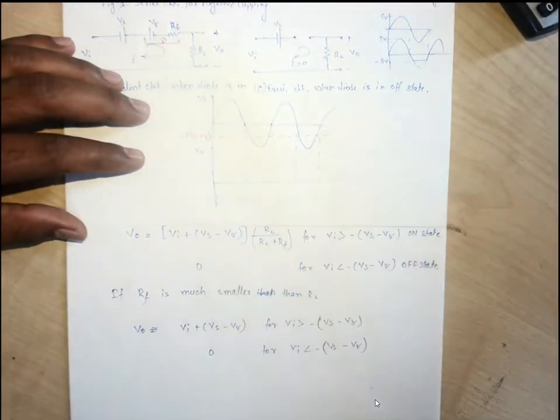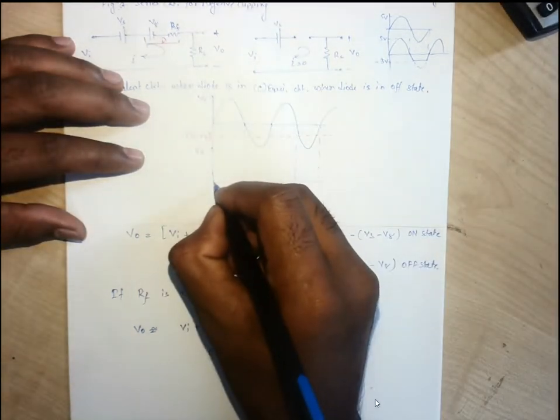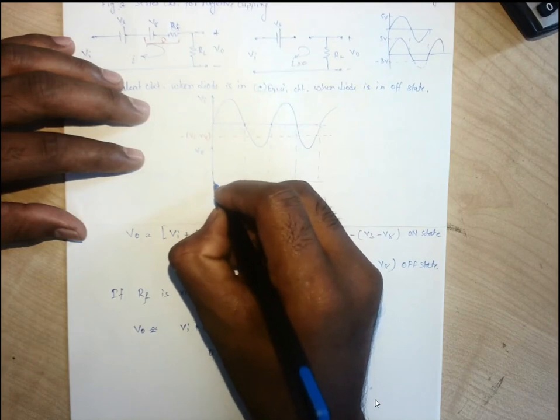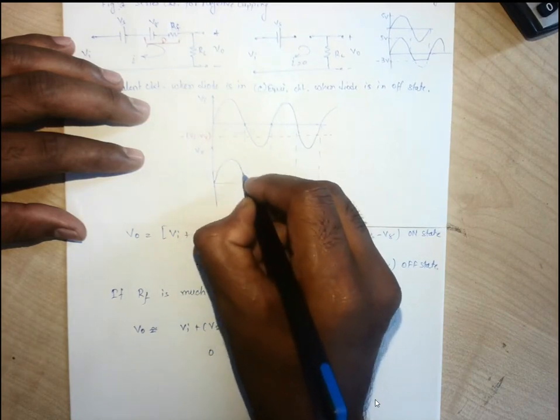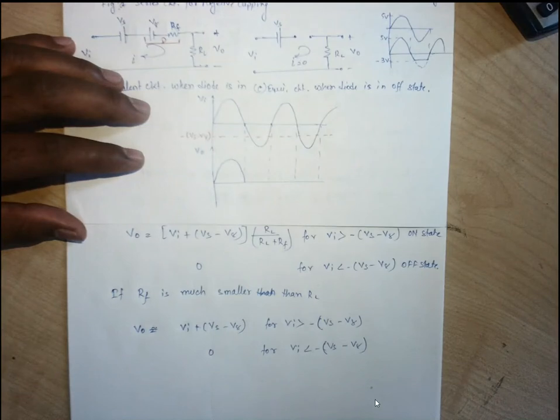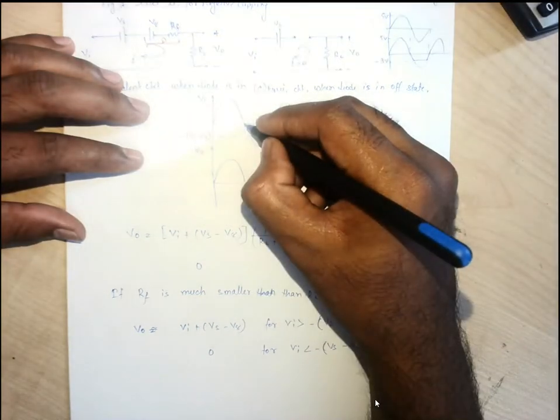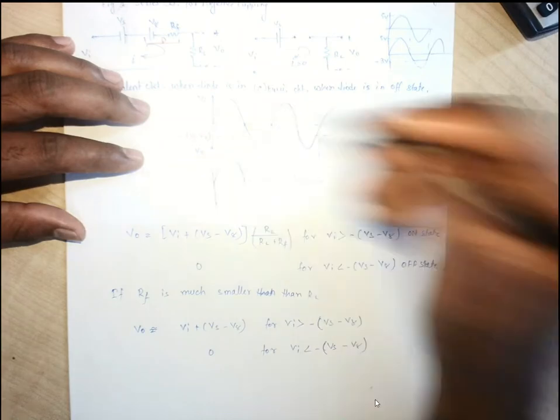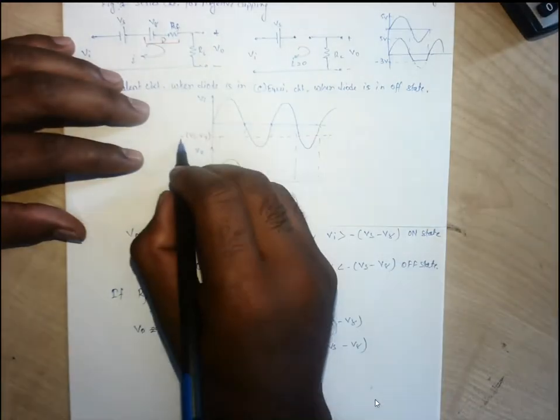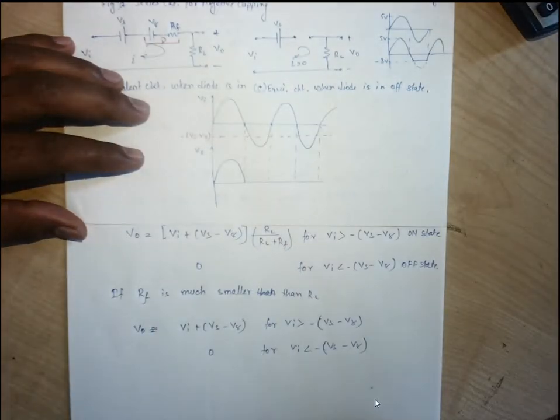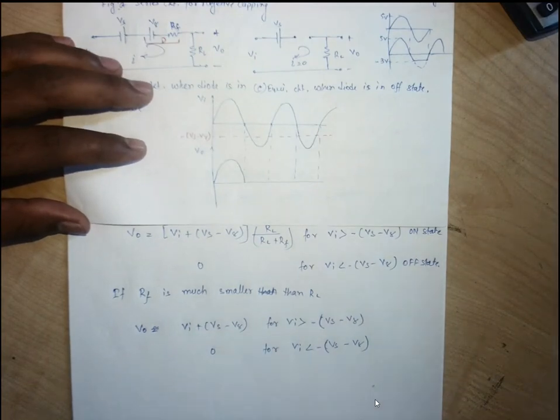This is the half which is in the positive portion of the input, that will remain the same. Now if the input becomes greater than this, let us consider this negative value is minus 2. What will happen?